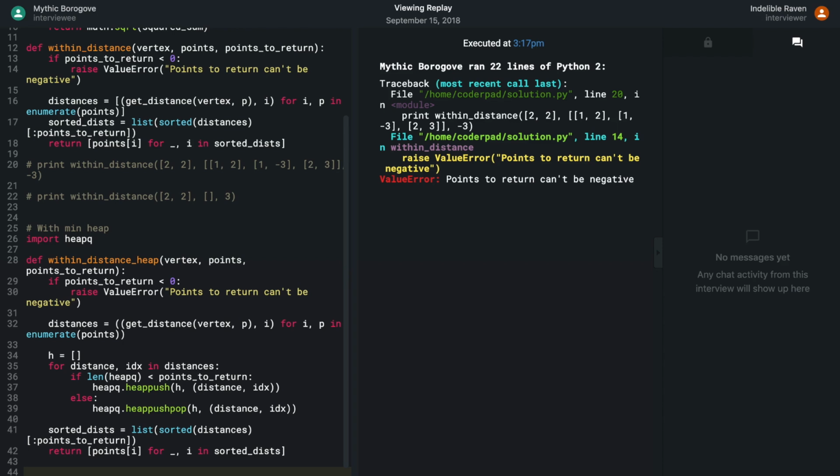We compute the distances in our mapper step, and then we emit a tuple of distance comma index, or distance comma the original thing. And then in our reducer phase, we find the smallest.